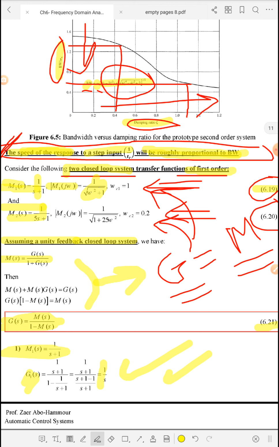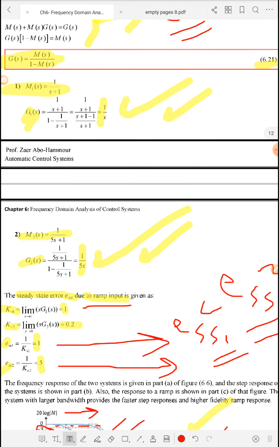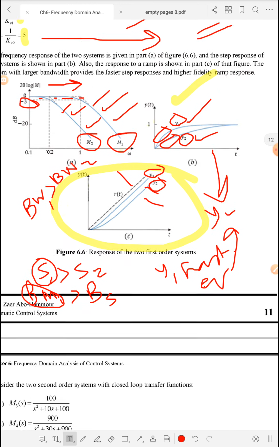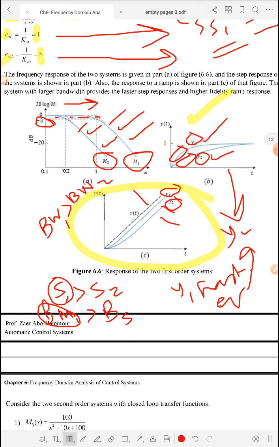So we have proved for this first order system that system 1 has a faster speed than system 2, and from this figure we concluded that the bandwidth of system 1 is larger than the bandwidth of system 2.